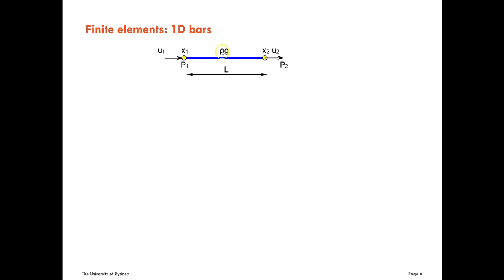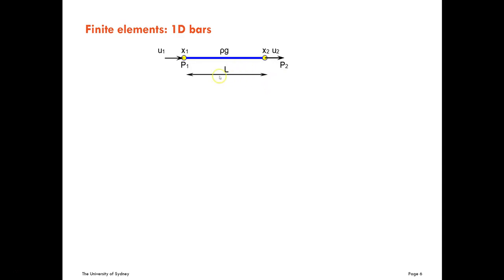Rho is the density of the element, and g is the gravity. So the element will have two nodal forces, P1 and P2.